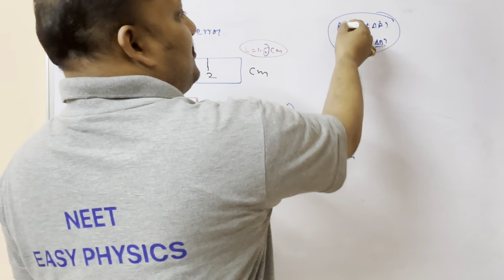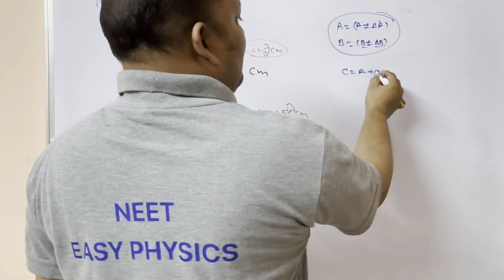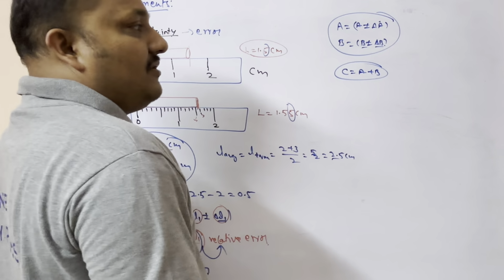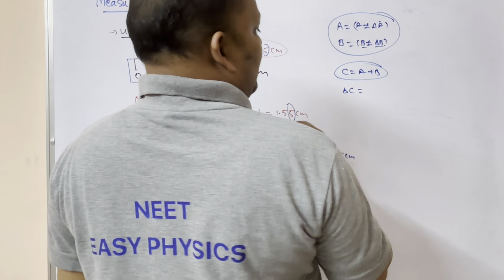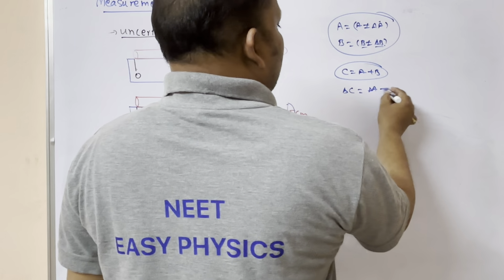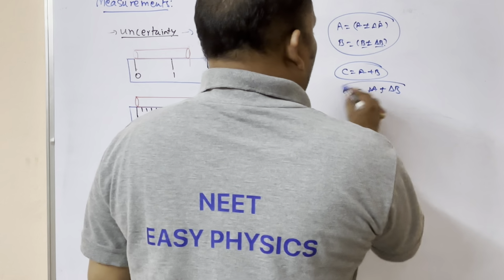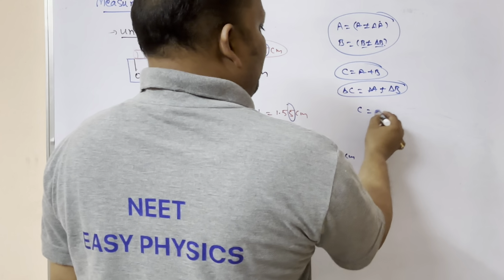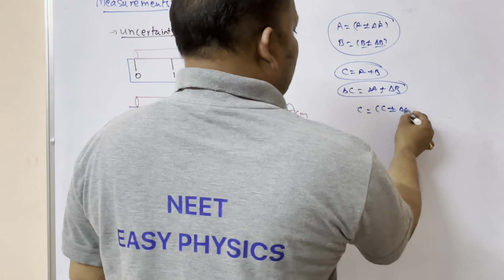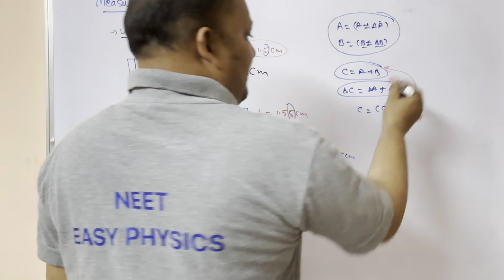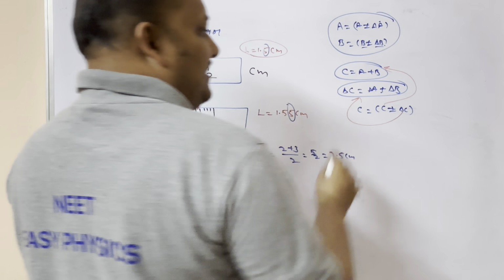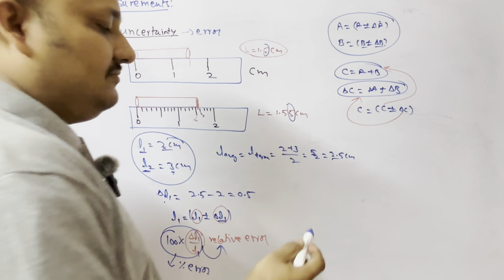If you are adding these two, if C is equal to A plus B, then delta C we want. Delta C is going to be written as delta A plus delta B. Then C will be represented as C plus or minus delta C. What is C here? A plus B. What is delta C here? Delta A plus delta B for addition.